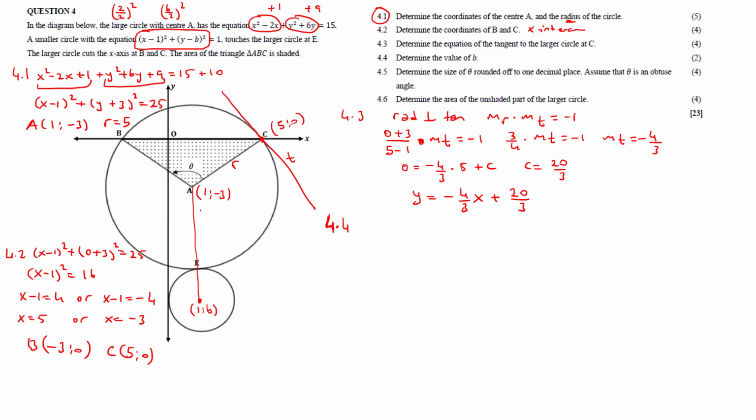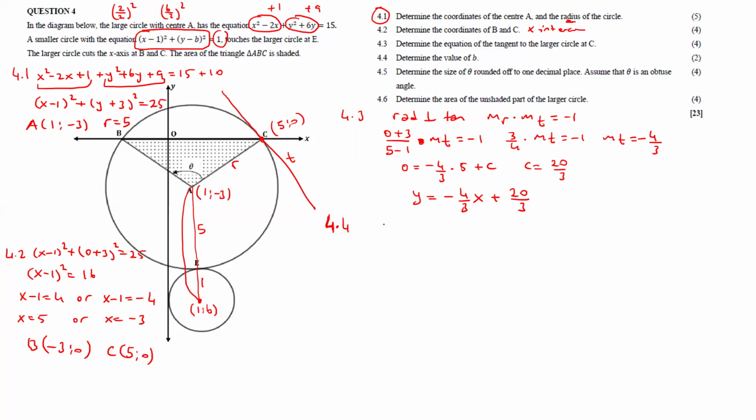We just found the radius of this larger circle was 5. The radius of the smaller circle, by looking at this equation here, you can see it is 1. So the distance between these two centers is equal to 6. If you apply the distance formula here, actually you don't need to, because the x coordinates are the same, 1 and 1.